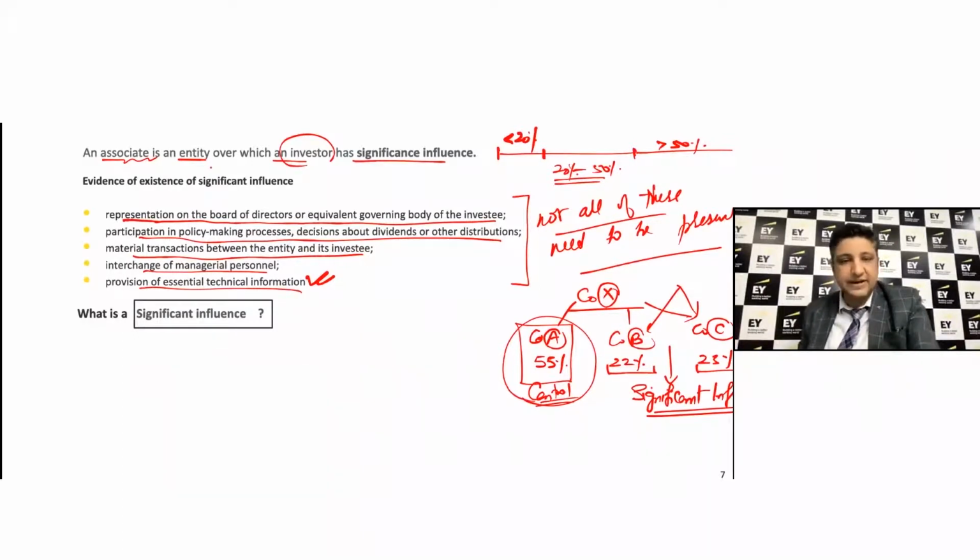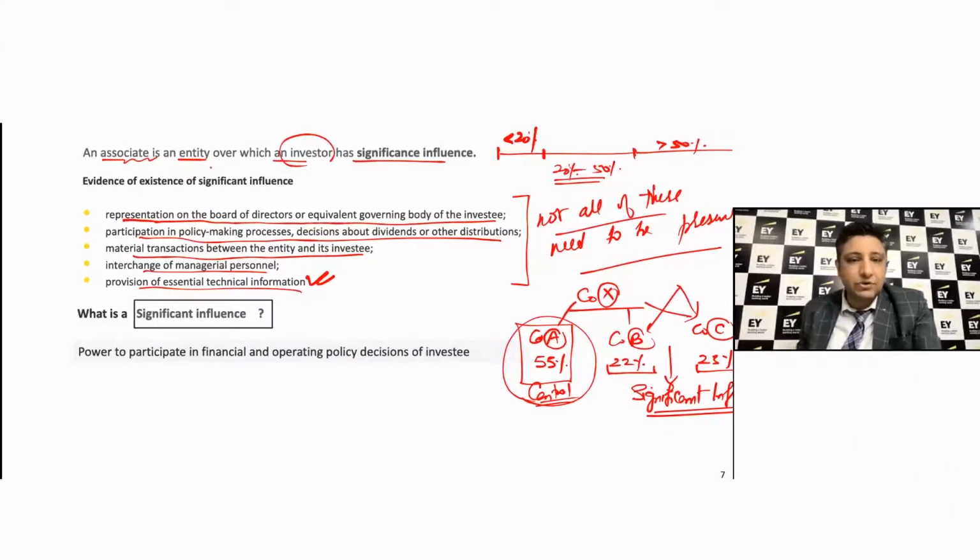So what is significant influence? Of course, it is the power to participate and influence in the financial and operating policy decisions, and these are expected to be strategic decisions. The finalization of the budget, for example.